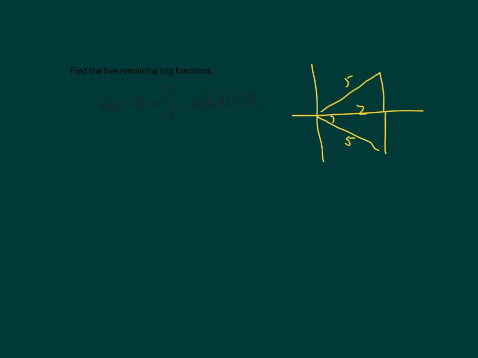So, because this is positive, if we call this y, then this is the negative of that. In order for sine to be negative, that's going to have to be negative. All right, so to find the y value, we're just going to use our Pythagorean relationship. 2 squared plus y squared is equal to 5 squared.